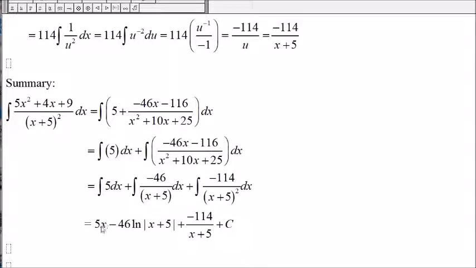The integral of 5 is just 5x, and the integral here is negative 46 times the natural log of x plus 5, and then this last integral is negative 114 over x plus 5. And this is the answer.